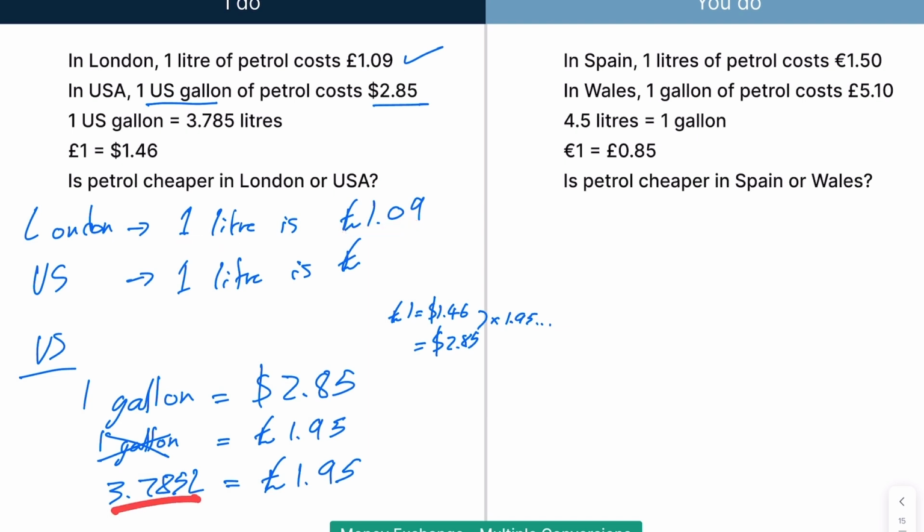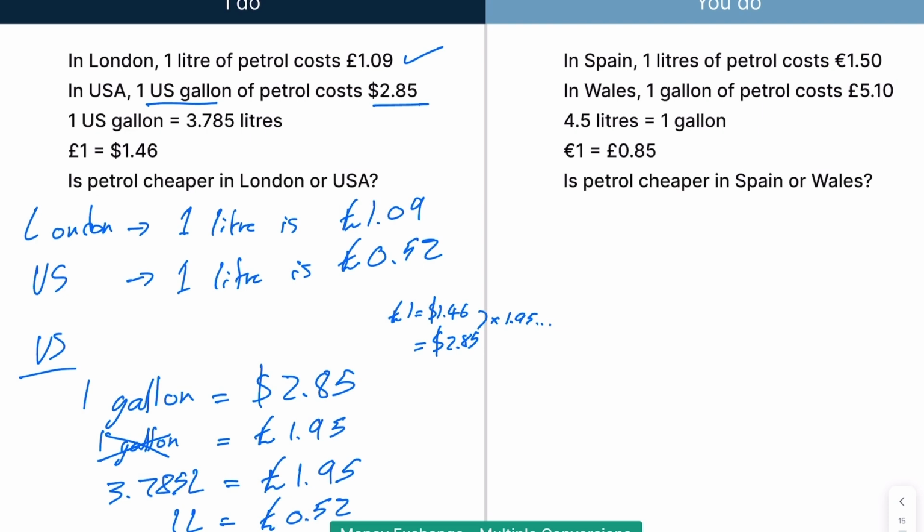So what is 1 litre in the US? So we'll just divide each side by 3.785. So 1 litre is equal to, if I do 1.95, divide that by 3.785, that then gives me 0.52 rounded. So we know that 1 litre in the US costs 52 pence.